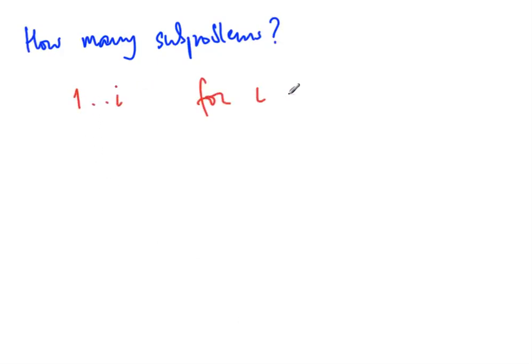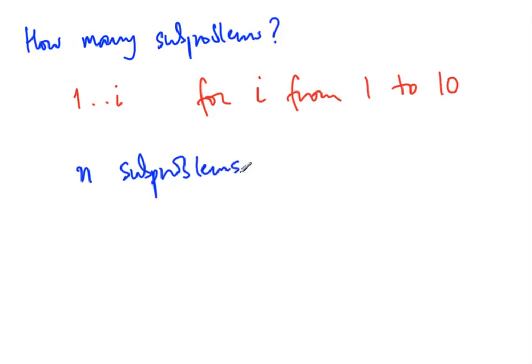So how many problems are there? Well, it's easy to see in this particular case that we only have problems of the form 1 to I for I from 1 to 10, right? So therefore there are actually only in general n subproblems if we have n tasks, right?